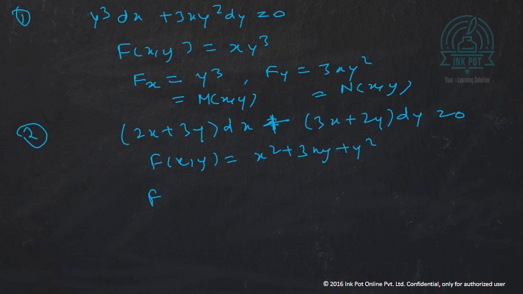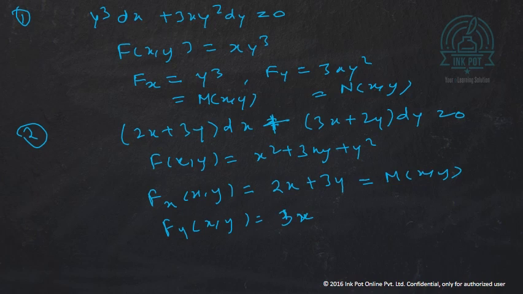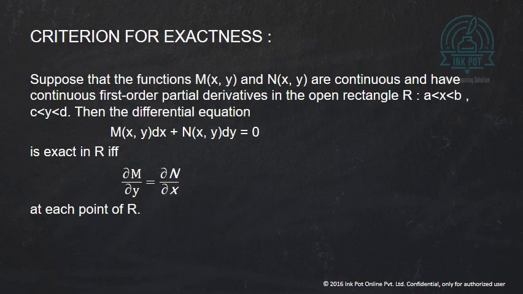Again f_x(x, y) is 2x + 3y, which is M(x, y), and f_y(x, y) is 3x + 2y, which is N(x, y), and hence again the condition is satisfied, so the equation is exact. So far we have only seen a necessary condition to check the exactness of a differential equation.